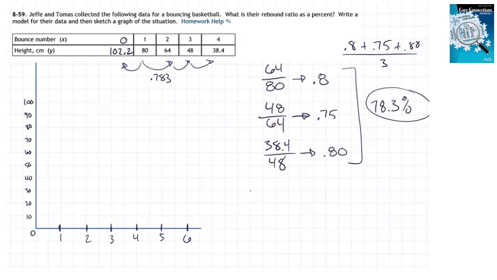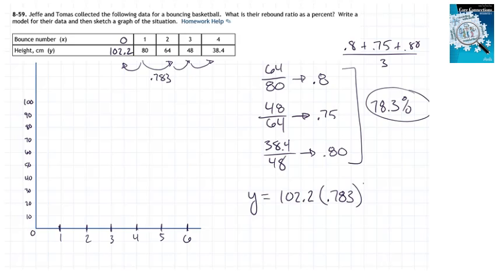I'll say y, the height of the ball after x bounces, is equal to 102.2, that's my initial height, times the rebound ratio of 0.783. That's the average of the three different rebound ratios I had there.